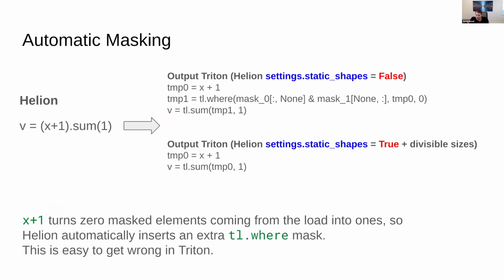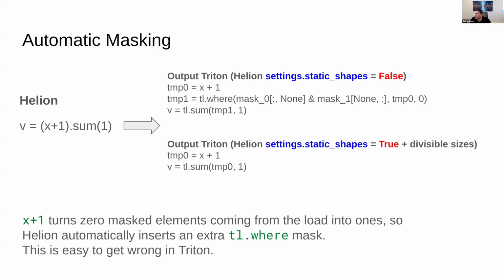And then the last thing I'll talk about isn't actually a configuration. The autotuner isn't auto-tuning over this because it's needed for correctness, but it's automatic masking. One gotcha when writing a Triton program is if you write code like this, where you take x plus 1 and then you sum it up, because Triton requires power of 2 blocks, the last elements of a block might not actually exist. They might be masked off because your block is size 64, but you only have 60 elements.